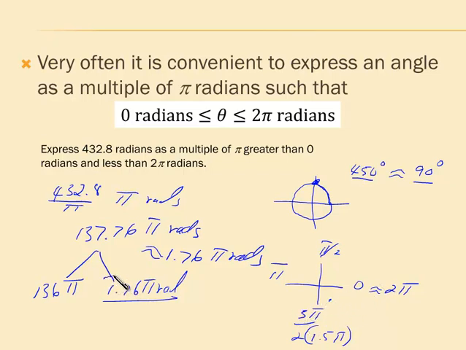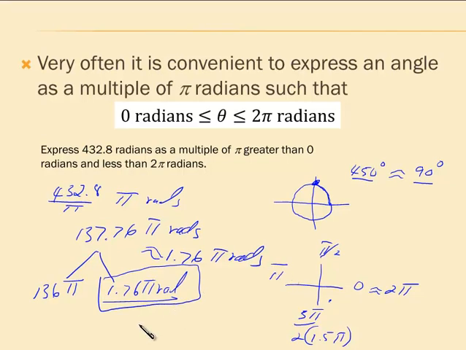So that's the nice thing about expressing angles as a multiple of pi, but between 0 and 2 pi radians. It's easy to see the angular position. So looking at 432.8 radians, you can't really visualize the angular position, but 1.76 pi radians, it's easy to visualize where it is, somewhere in this quadrant. Okay, so that's it for this video.